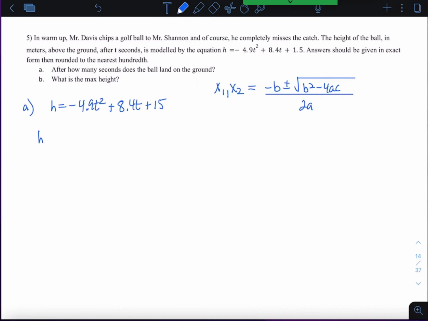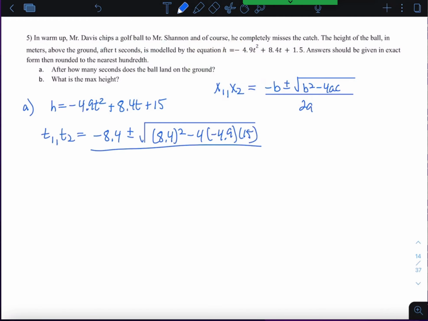So what we can do is call this T1, T2 is negative b plus or minus the square root of b squared minus 4ac over 2a.